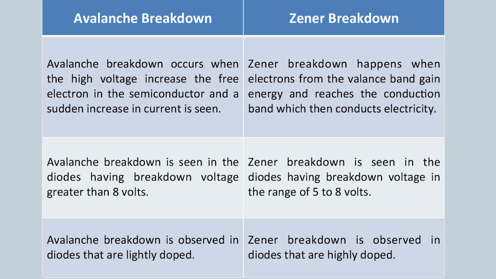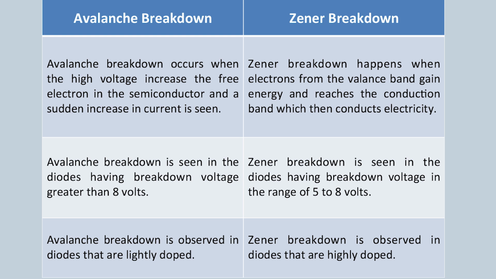Zener breakdown happens when electrons from the valence band gain energy and reach the conduction band, which then conducts electricity. Avalanche breakdown is seen in the diodes having breakdown voltage greater than 8 volts. Zener breakdown is seen in the diodes having breakdown voltage in the range of 5 to 8 volts.